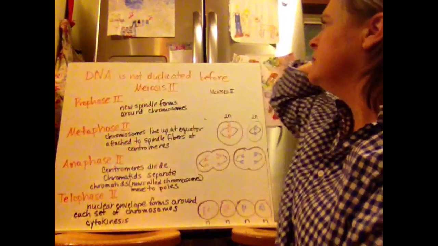So you could have 1 chromosome from your mother and 1 chromosome from your father, or maybe chromosome 2 from your mother and chromosome 3 from your father. So there's an independent assortment of the chromosome pairs that recombines into a unique individual for each gamete.